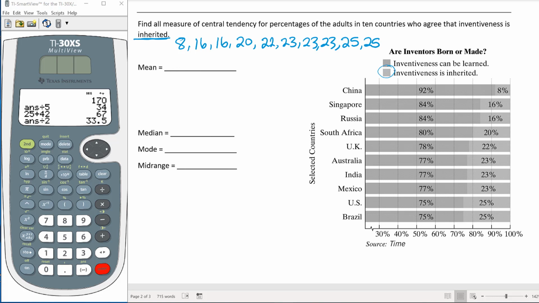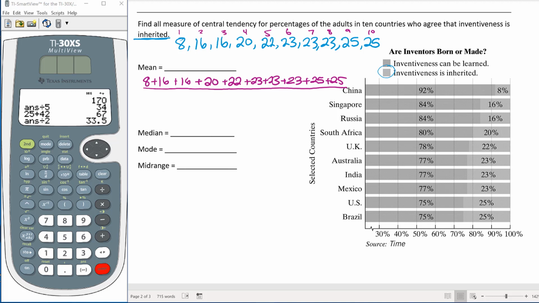Now I'm going to get the mean by adding them all up and dividing by the total number of data items. So 8 plus 16 plus 16 plus 20 plus 22 plus 23 three times, plus 25 plus 25, all divided by the number of data items: 1, 2, 3, 4, 5, 6, 7, 8, 9, 10.